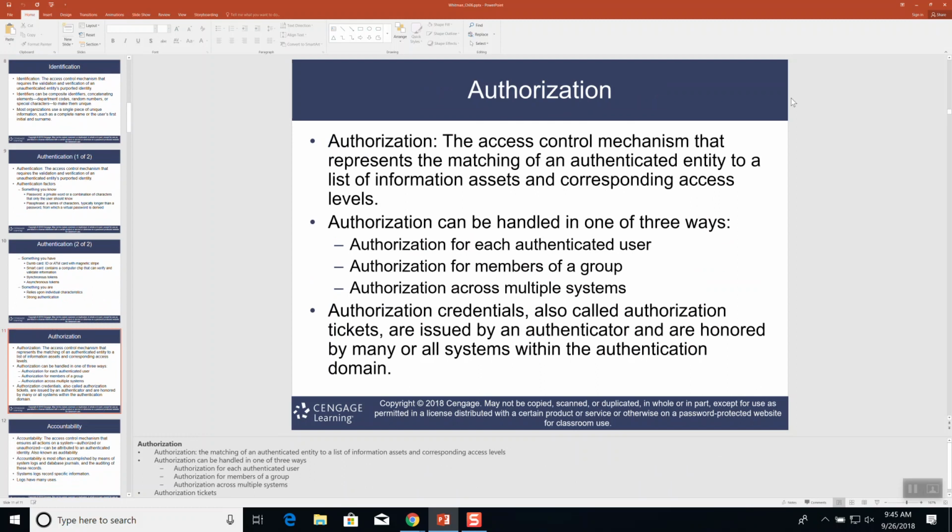Okay. Authorization can be handled one of three ways: authorization for each authenticated user, for members of the group, across multiple systems. What does Linux have? Ubuntu or any of those? They got 3 levels. They might have more than that. There's 3 that come default with the operating system.